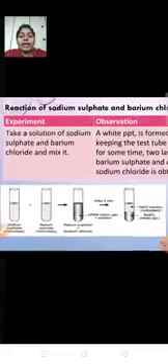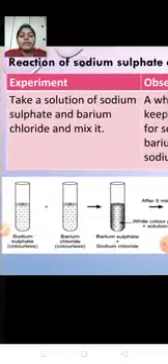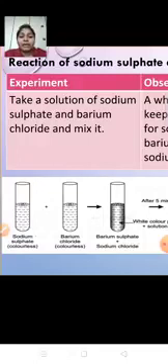Now the next reaction, reaction of sodium sulfate and barium chloride solution. Now in this, what we will do, we will take a solution of sodium sulfate and we will mix barium chloride in it.